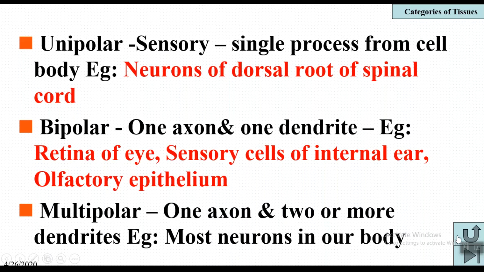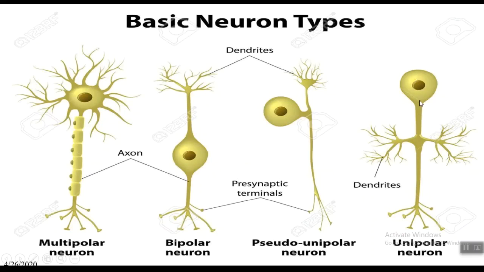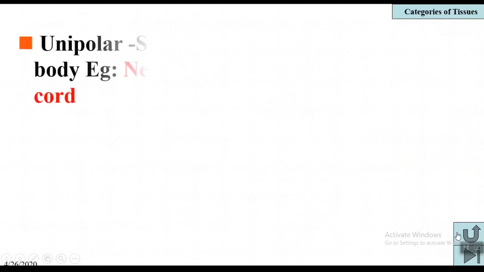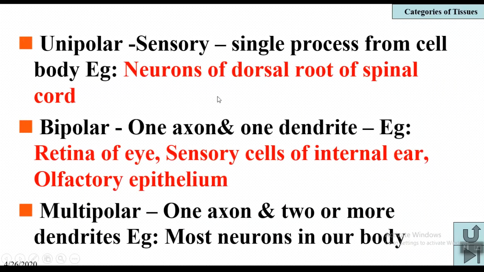Here you can observe it clearly. Unipolar neurons are mostly sensory neurons. That's why they are called unipolar neurons, having only one pole. Examples are the neurons of the dorsal root of the spinal cord.